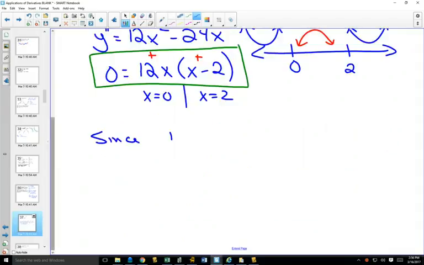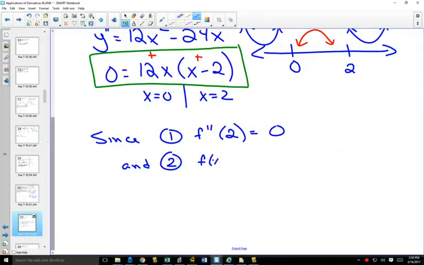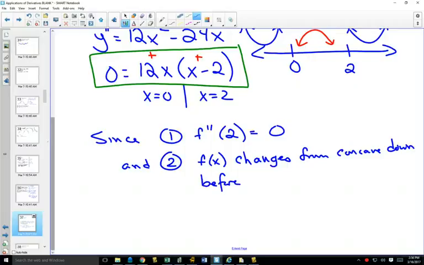Since, first thing we need to show, f double prime at 2 equals 0, and 2, f of x changes from concave down right before x equals 2 to concave up after x equals 2.